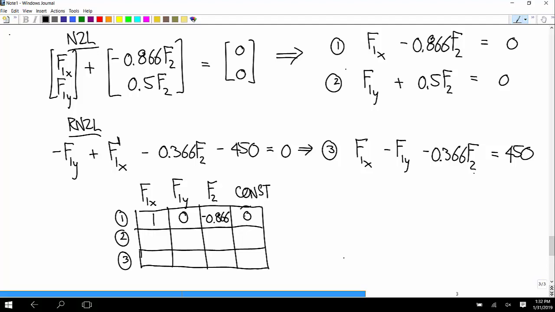For equation 2, we have 0 for F1x. For F1y, we have 1. For F2, we have 0.5, and then 0 again for the constant. And then for 3, F1x, 1, F1y, negative 1, F2, negative 0.366, and the constant 450.